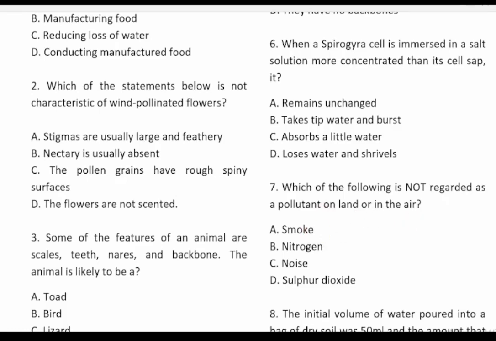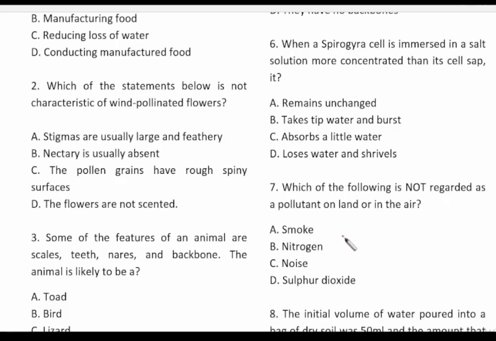Smoke is actually a pollutant of air. Noise is actually a pollutant of air also. And sulfur dioxide is also a pollutant of air. The only one that is not a pollutant here is nitrogen. Nitrogen is a constituent of the air that we breathe in. It makes up 76% of the air that we breathe in, or that animals breathe in, so we cannot say that it is a pollutant.